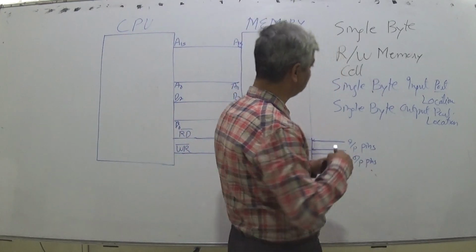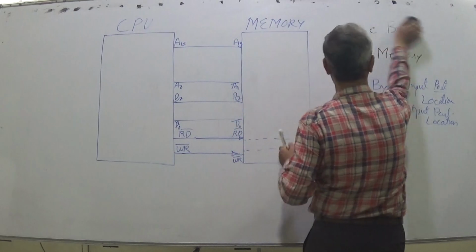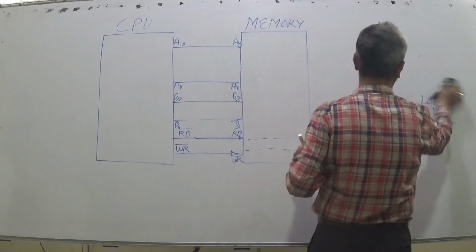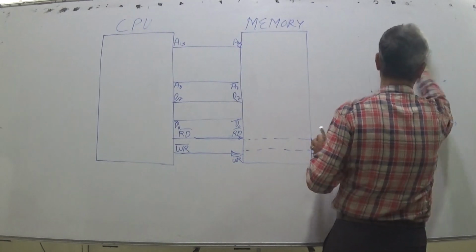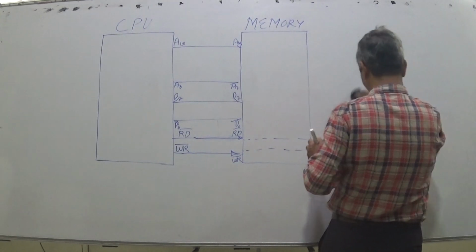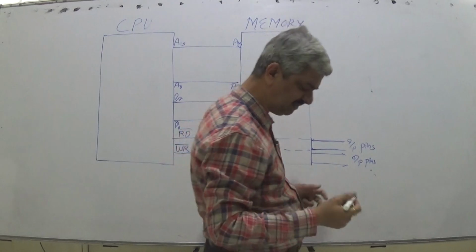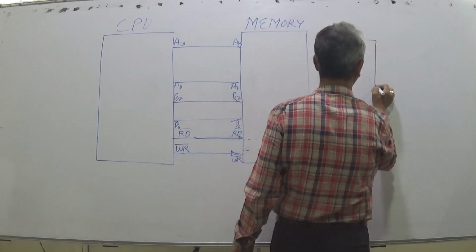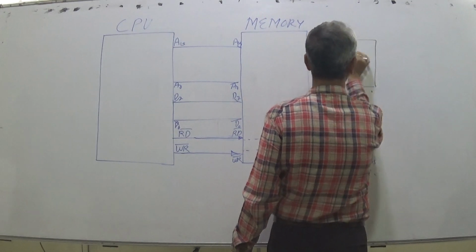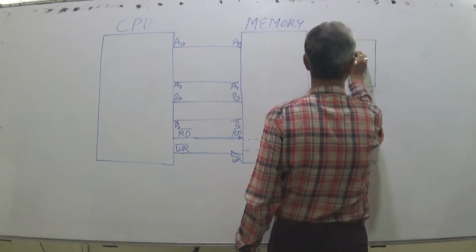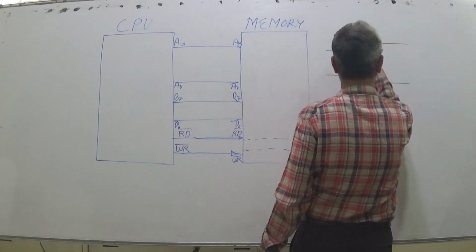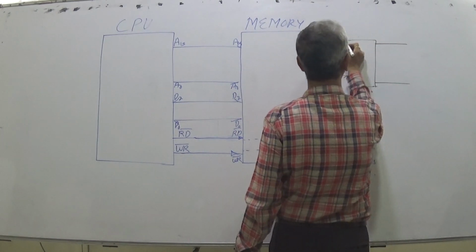What is the structure of the decoder? The decoder has n input lines, 2 raised to n output lines, and 1 enable bar line.